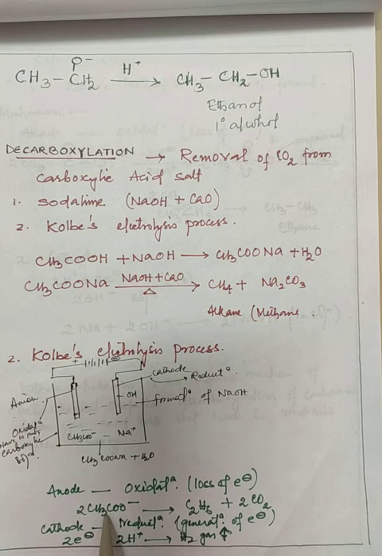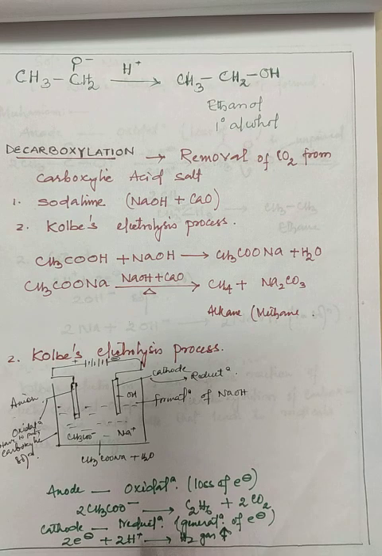That means sodium acetate, the acetate here, ethane will form along with carbon dioxide. That means when passing the electrons at the anode, oxidation will be there, that means loss of electrons, and at that time ethane will form. Then at the cathode, reduction is there, that means generation of electrons.